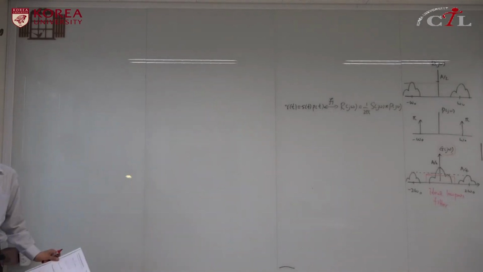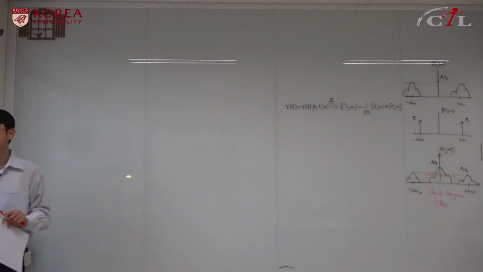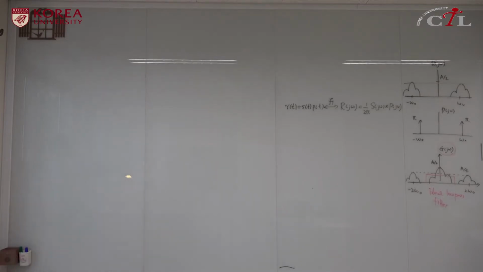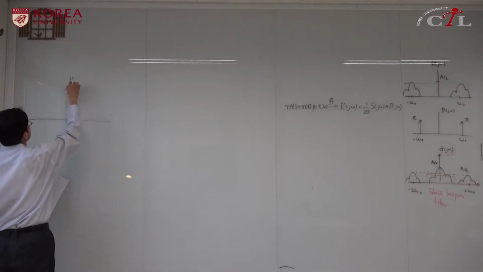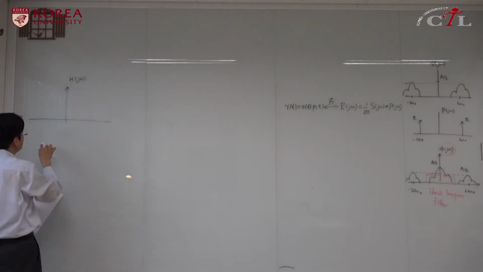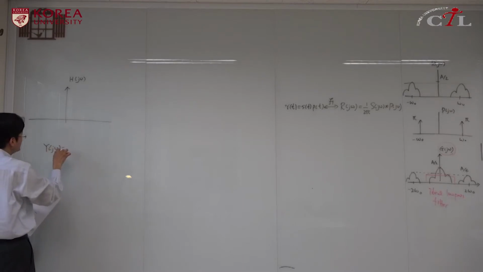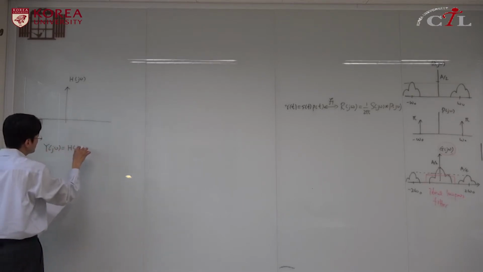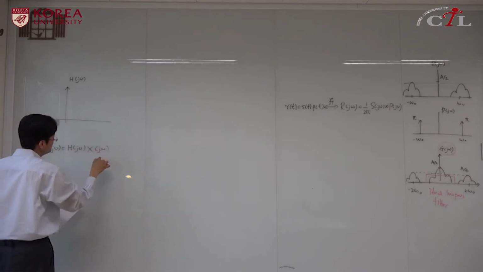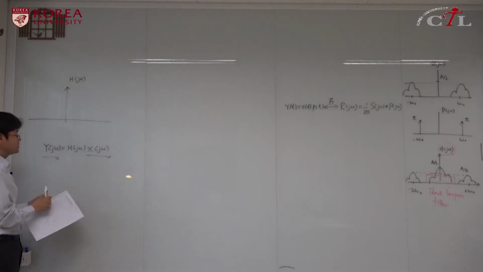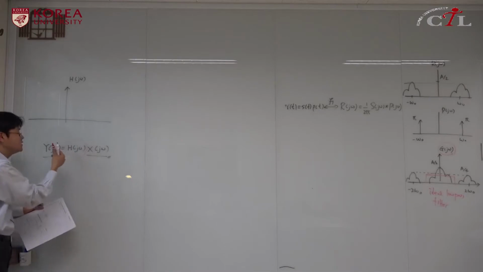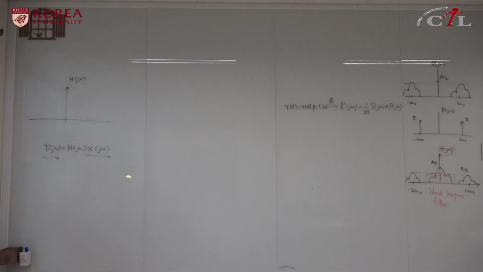Okay, sometimes you want to make a frequency filter that has a specific bandwidth. For example, if this is frequency, you know that for given Y(jω) equal to H(jω) X(jω), this is the input to the system, this is the output. So this works as a filter, right? This is a frequency selective filter.